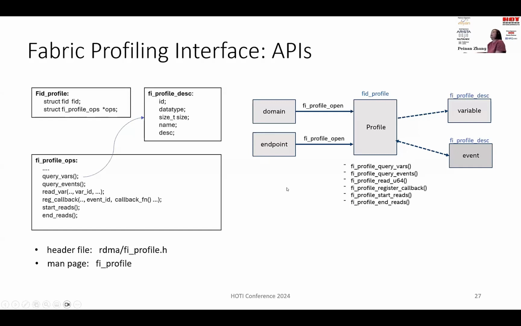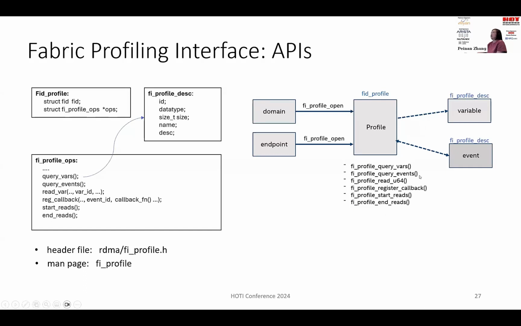The right-hand side is showing the object relationship and the APIs. We can use FI profile open to create a profile object associated with a domain or endpoint. After we have this profile object, we can use these APIs like query variable, query event, read a U64 data, with a callback, start read, and read.